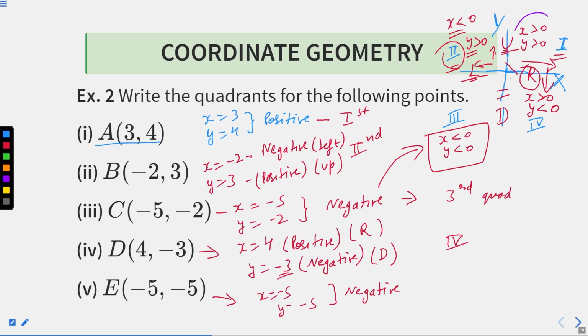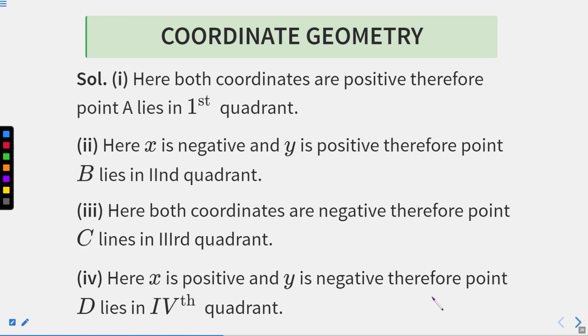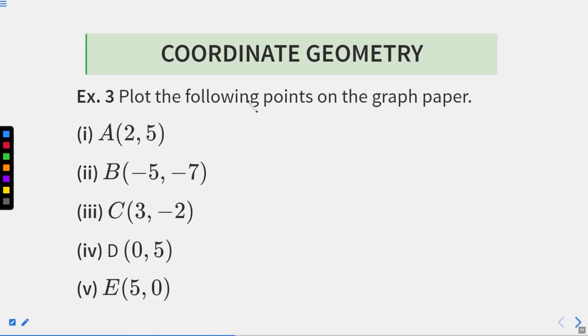So here both are positive, in this third quadrant both are negative. So it is the third quadrant. I hope you understand the solutions. So let's move to the next question.